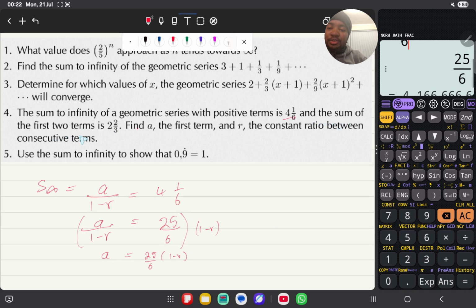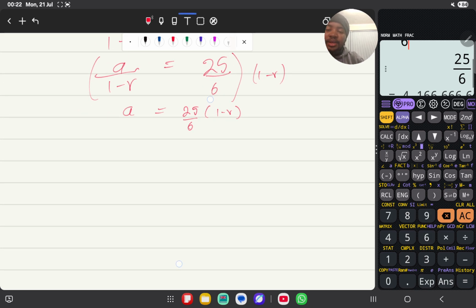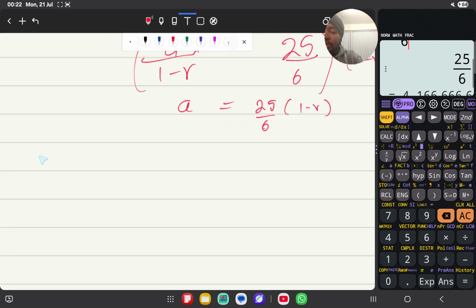The sum of the first two terms is that, and we have to find a and r, right? So they told us that the sum of the first two, that is S2, which is T1 plus T2.